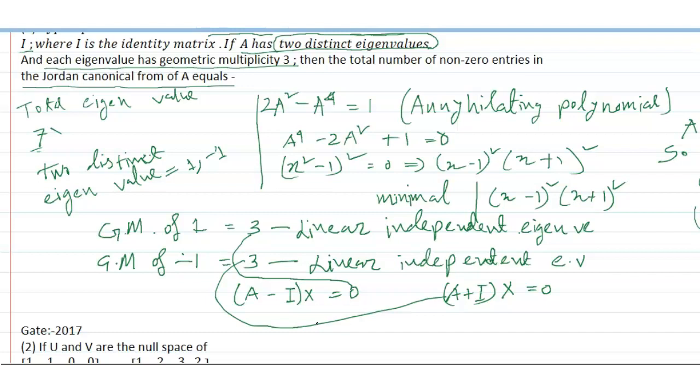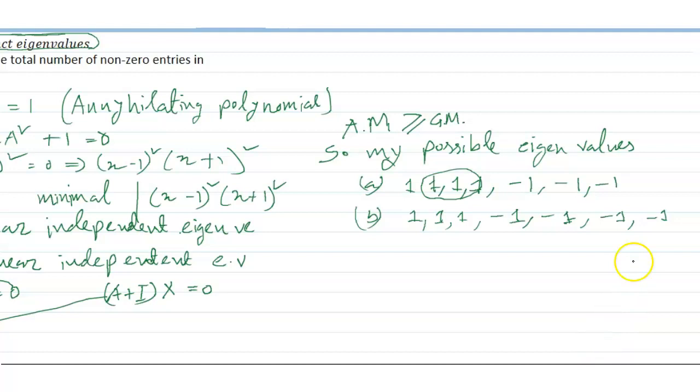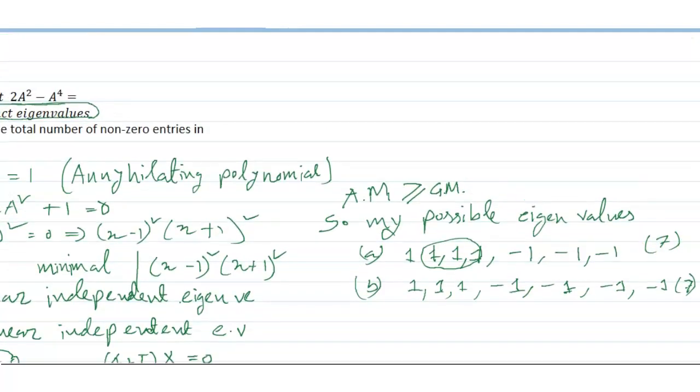As my dimension is 7 and there are only 2 distinct eigenvalues, 1 and minus 1, we cannot get any other eigenvalues from this matrix.